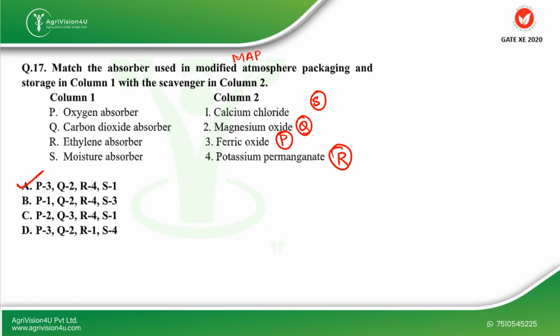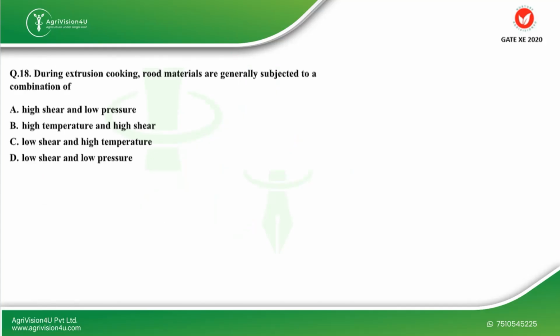and S1. Question 18. During extrusion cooking, food materials are generally subjected to a combination of high shear, low pressure; high temperature, high shear; low shear, high temperature; or low shear, low pressure. Shear basically refers to a mechanical force that causes a material to deform or break apart.